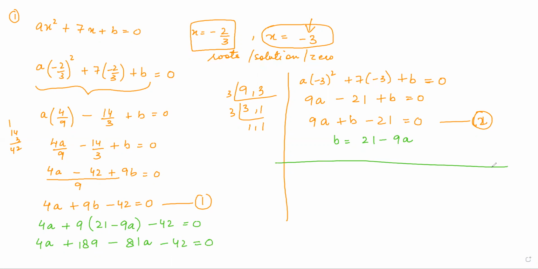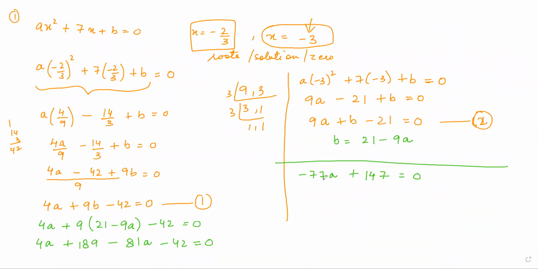So let's do it here. So that becomes 4a minus 81a. How many a? Minus 77a, right? And 189 minus 42. So 9 minus 2 is 7, 8 minus 4 is 4. So 147 is equal to 0, right?